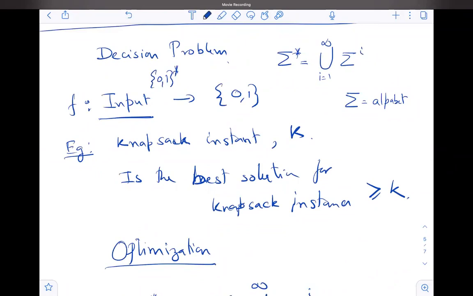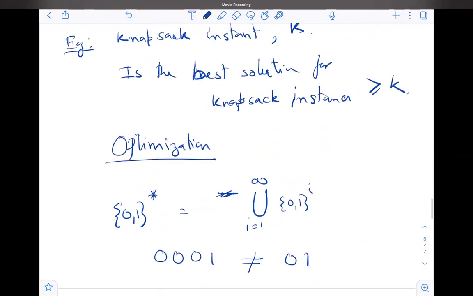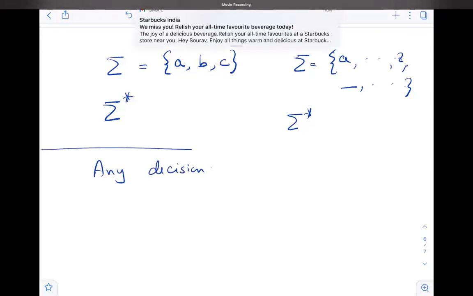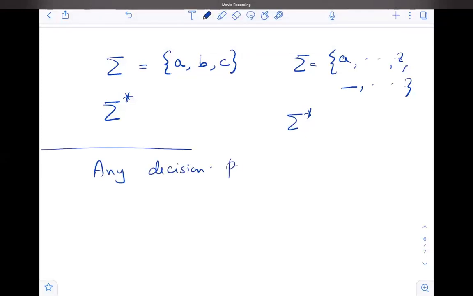Just a decision problem. We have some decision problem, and you're defining a domain of input. Any decision problem is a map from 0, 1 to the star to 0, 1.